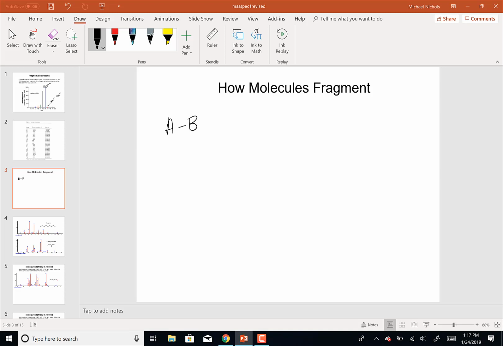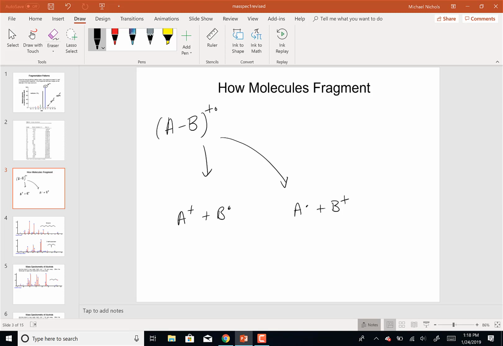So if I take my molecule AB, made up of part A and B, and hit it with the electron beam so it's now a radical cation, I can break this apart into two different components. It could break apart into A plus and B dot, or it could fragment into A dot and B plus. So in other words, when I fragment a molecule, I'm going to break a bond.